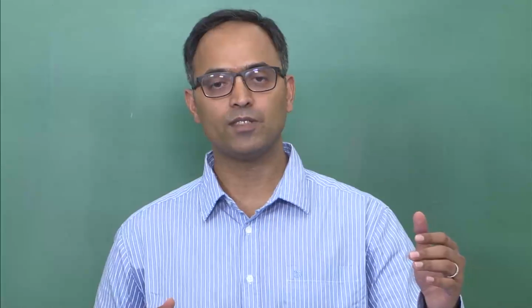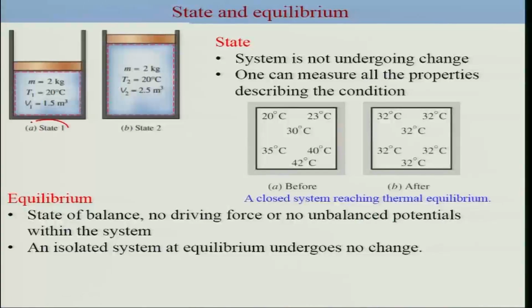A specific state means specific values of the properties, so if you fix the values of the properties, you achieve a particular state. For example, you have state 1 with a mass of 2 kg, 20 degrees Celsius and 1.5 cubic meters. You change the volume to 2.5, you change the state. You are changing just one property and you are changing the state of the system. That's how we are going to define a state, having a fixed set of properties.